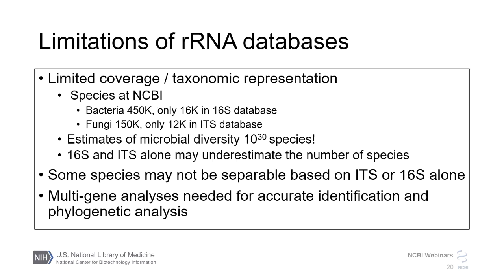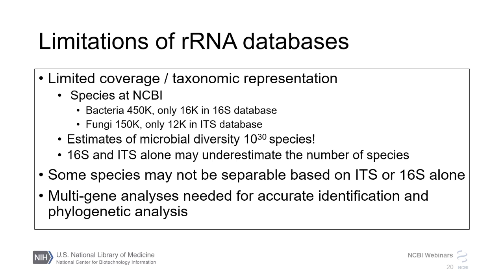Who knows how many species of microbes there are on the planet? I have seen estimates upwards of 10 to the 30th species. So this is just the tip of the iceberg in terms of microbial diversity. And so if you have an unknown sequence, there may not be the corresponding species in these databases.